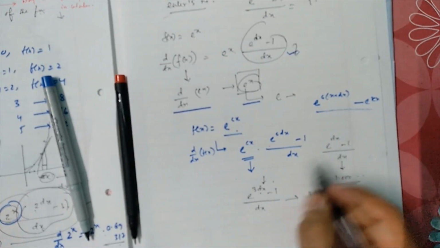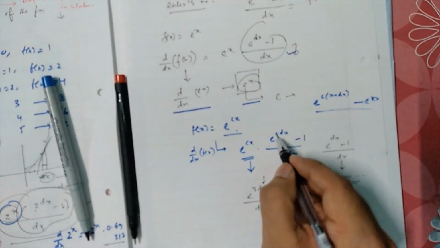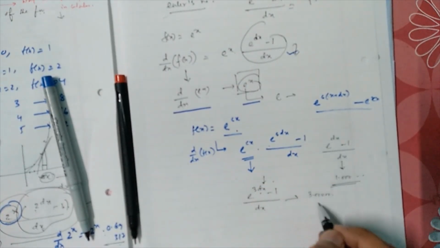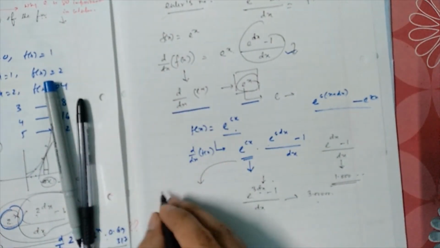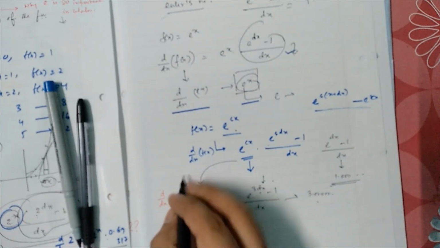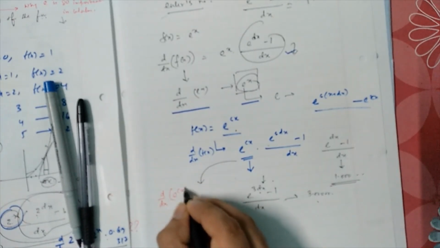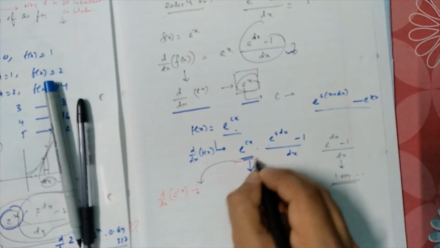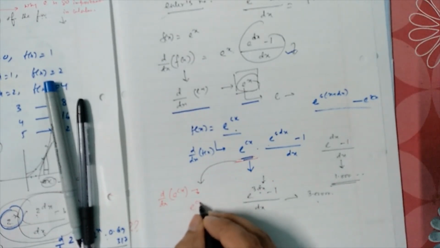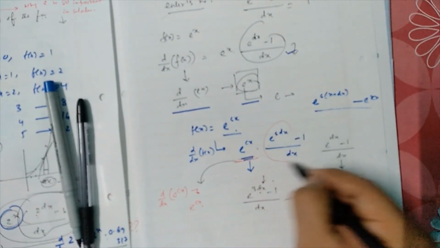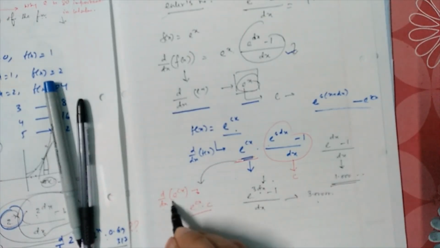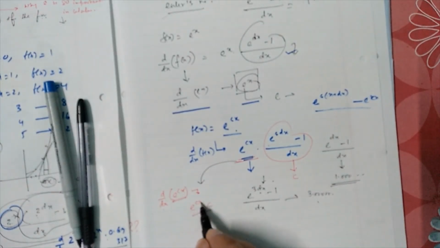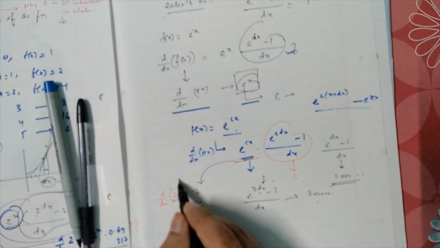That means here it is c, so the actual result will tend to c. So the resultant d/dx of e to the power cx is e to the power cx itself into c. So d/dx of e to the power cx is nothing but e to the power cx into c, where c is the constant part.